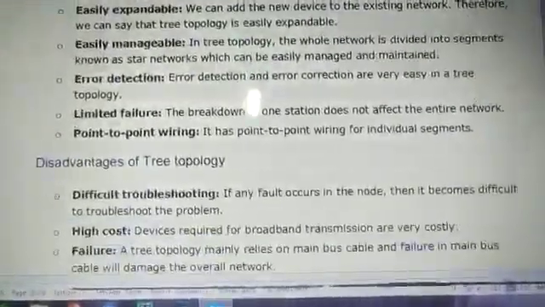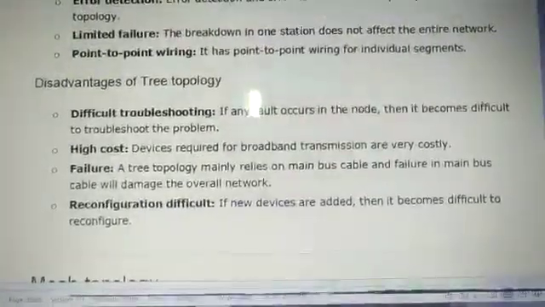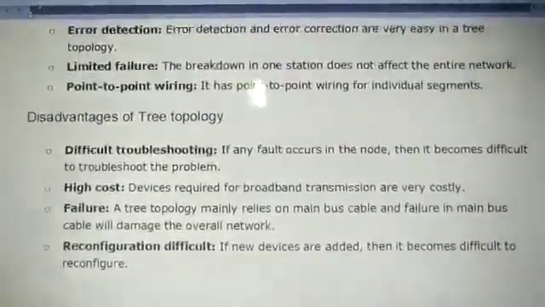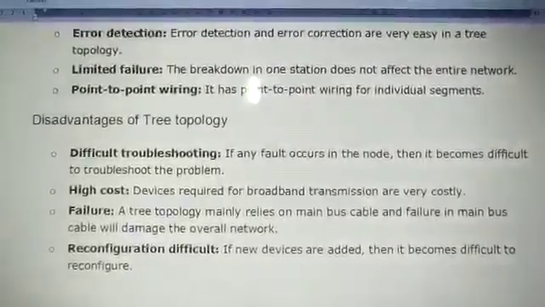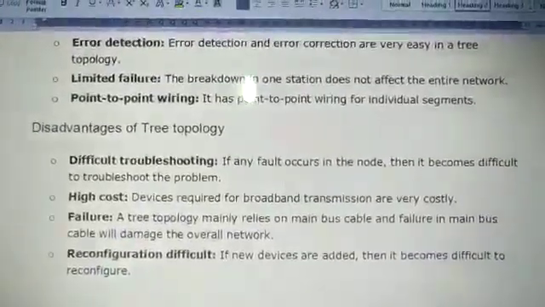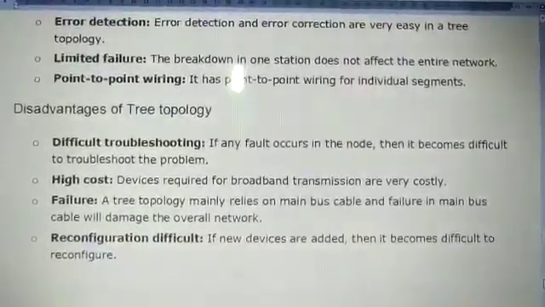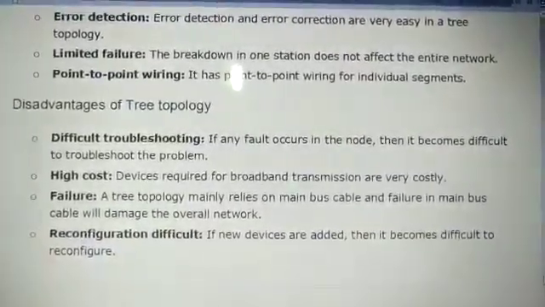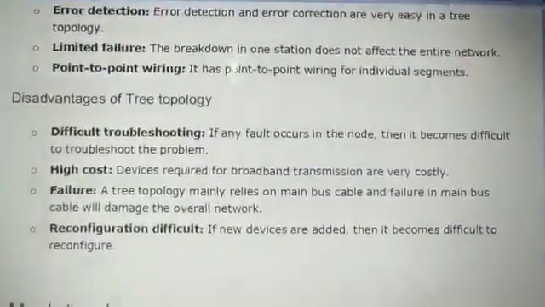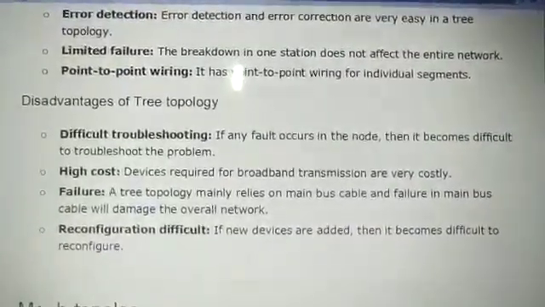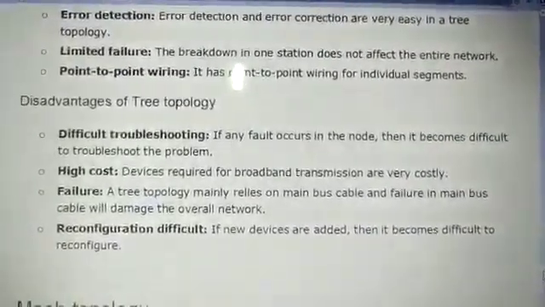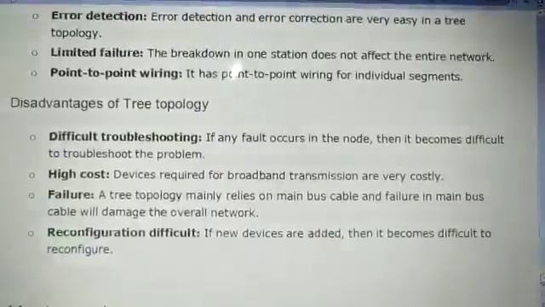Now look at the disadvantages of this topology. Difficult troubleshooting. If any fault occurs in a node, it becomes difficult to troubleshoot the problem. Another is the high cost. The devices required for broadband transmission are also very expensive.